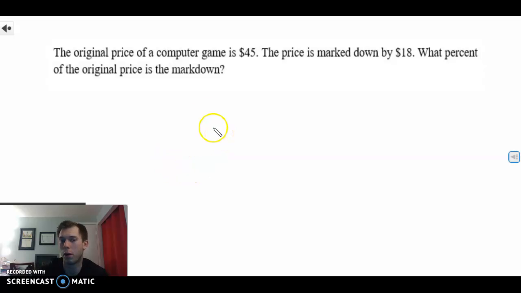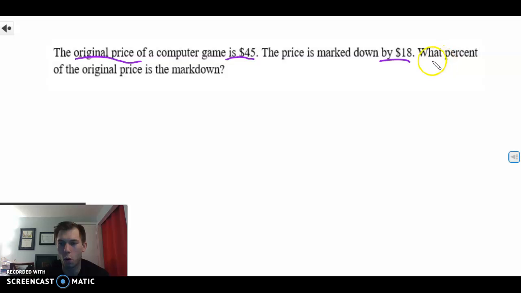So the original price of a computer game is $45. The price is marked down by $18. What percent of the original price is the markdown? So now we have the original price of the computer game is $45, and it's going to be marked down by $18.